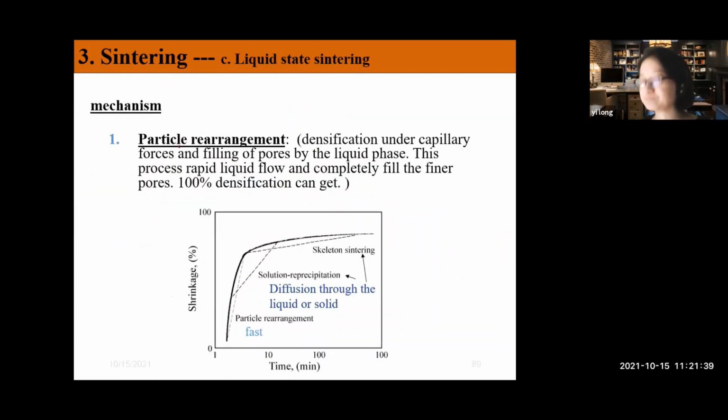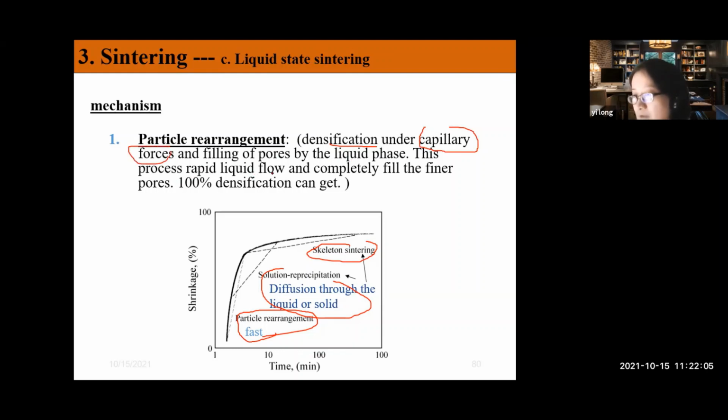Continuing on, there are actually three stages during liquid phase sintering compared with solid-state sintering. The very beginning is particle rearrangement, followed by solution precipitation, and the last one is skeleton sintering. In particle rearrangement, densification happens under capillary force, and the pores are filled by the liquid phase.